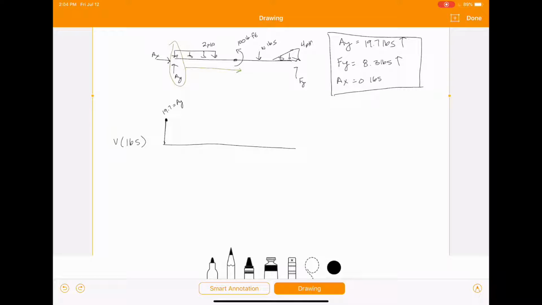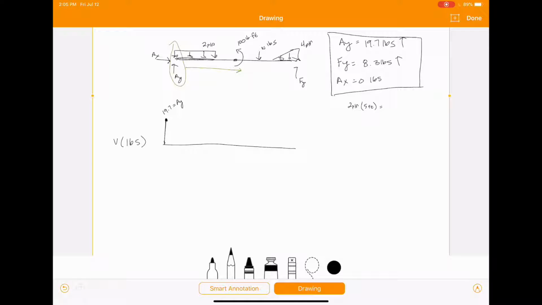And so all we're going to do is take the area of that shape, and we're going to bump our shear down by that amount over the distance that our uniform load covers. So the area of that rectangle is going to be 2 PLF for our height times our base, which is 5 feet.